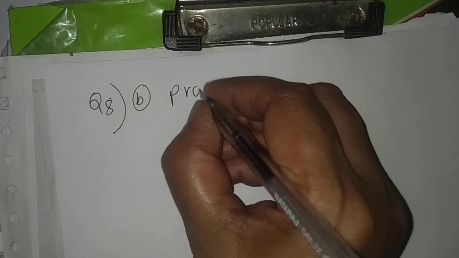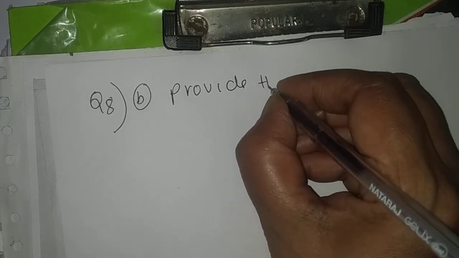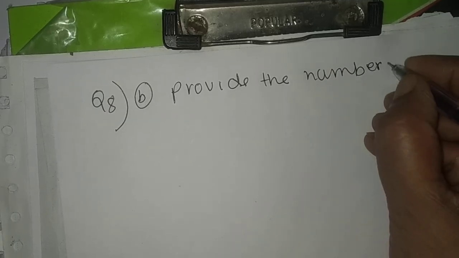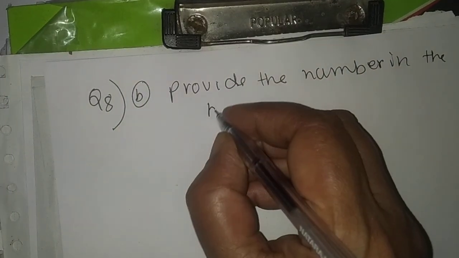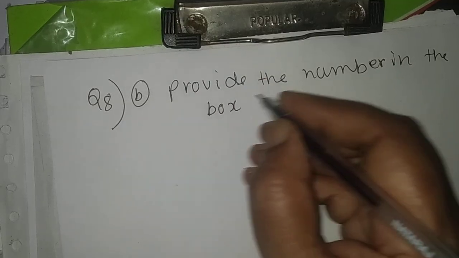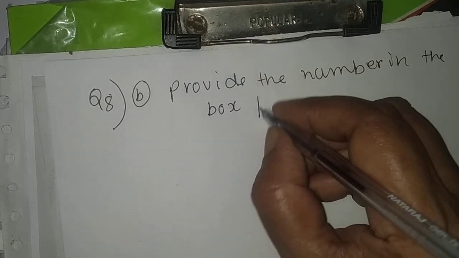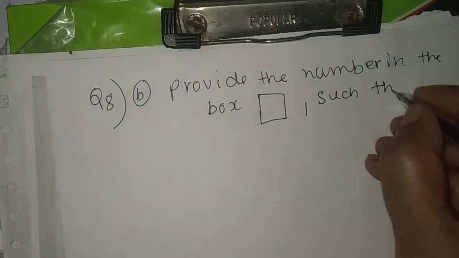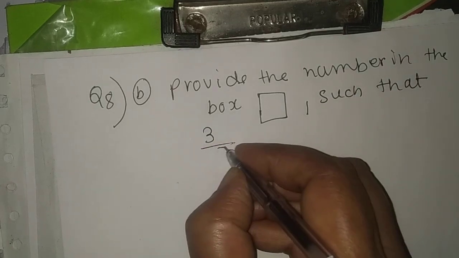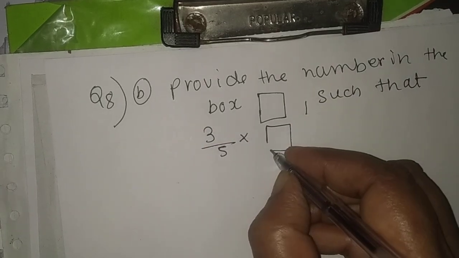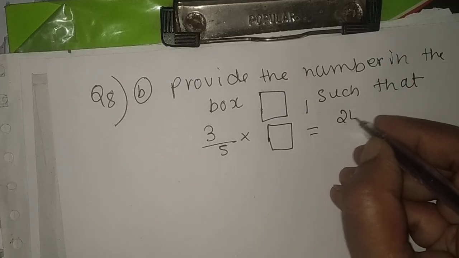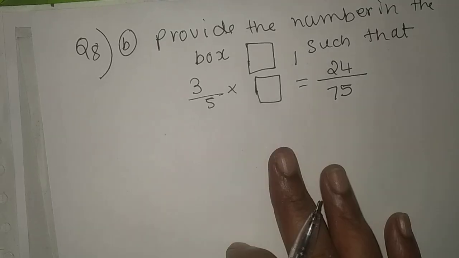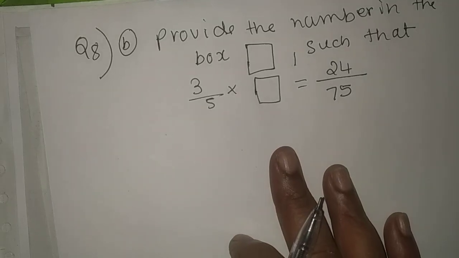Provide the number in the box such that 3/5 into the box is equal to 24/75. So we have to find out what is the number in this box.